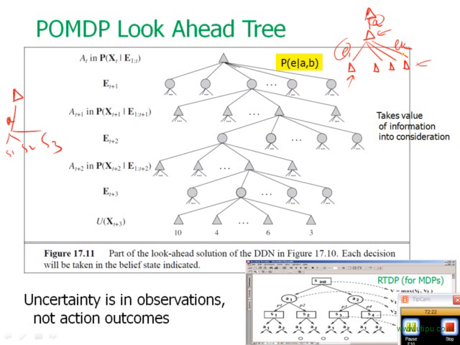So what do we do normally? Give some approximate valuations to these game positions in min-max. Here I can give approximate valuations to these belief states. We can figure out how to do it. Maybe you have some heuristic.